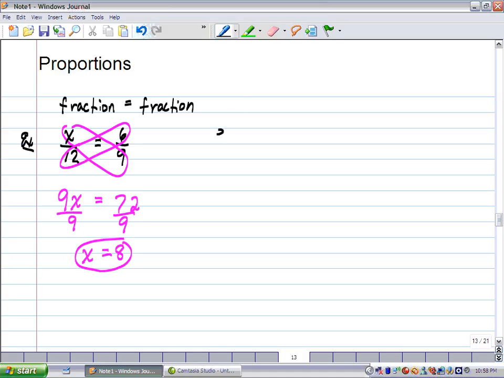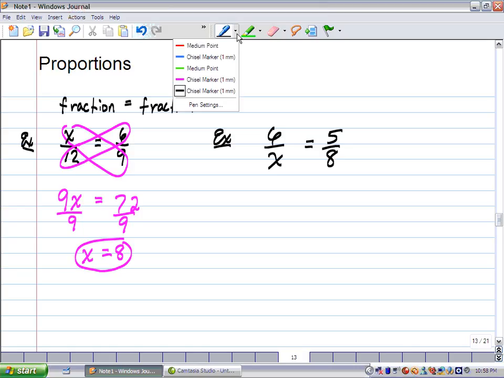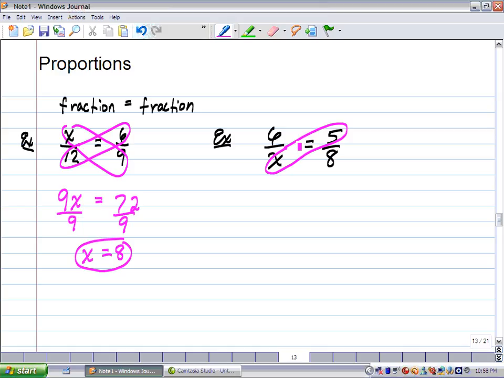Let's do another example. Suppose I have 6 over x is equal to 5 over 8. So by cross multiplying, 5x equals 6 times 8 is 48. So I'm going to then divide both sides by 5.